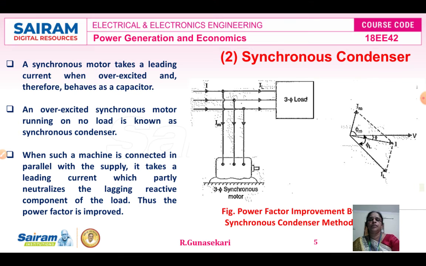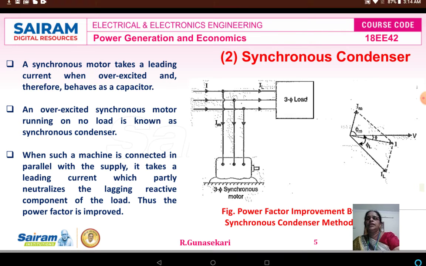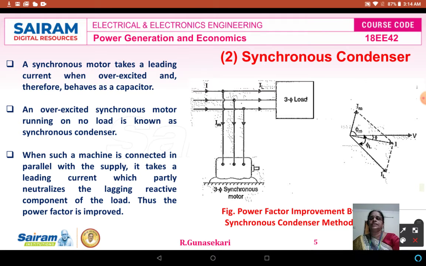Then we studied the second equipment used for power factor improvement, the synchronous condenser. A synchronous condenser is nothing but a synchronous motor. It can be operated at three conditions: over excited, under excited, and normal excited.